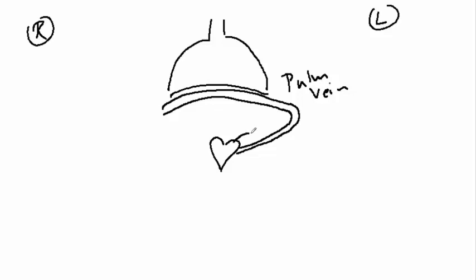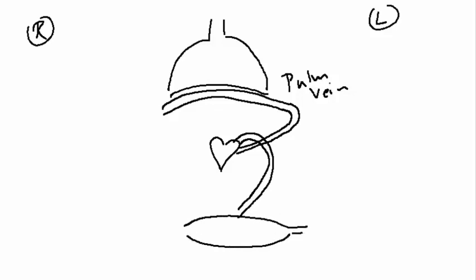And I'm going to draw this aorta right here. It has a little arch, and then down to, I'm going to draw now a muscle fiber. Something like this. We're going to have striated muscle fiber down here.